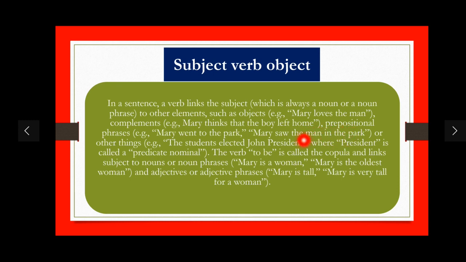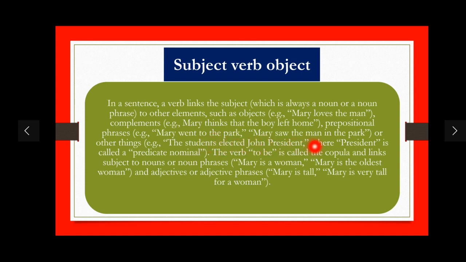Or a verb may also link a subject with a prepositional phrase. For example, Mary went to the park. You can see went is a verb, and here went links the subject Mary, which is a noun, with the prepositional phrase to the park.